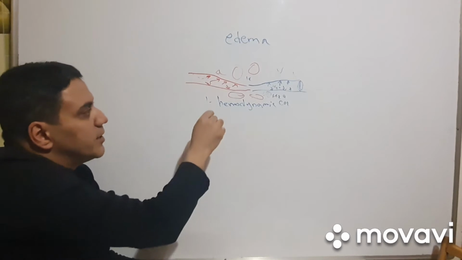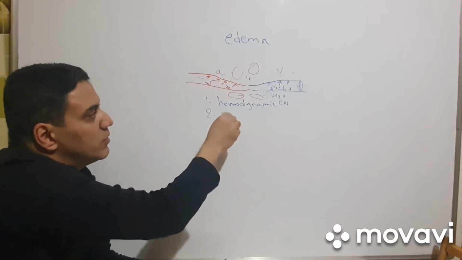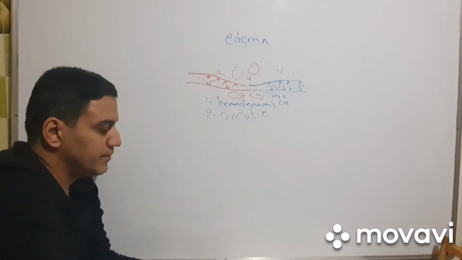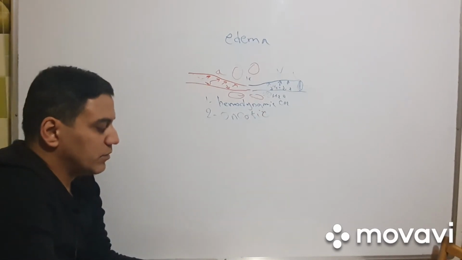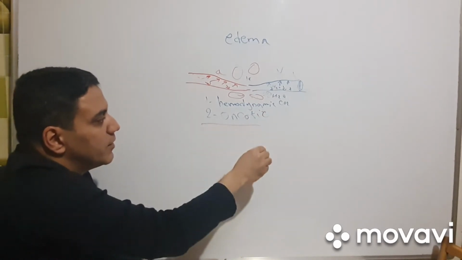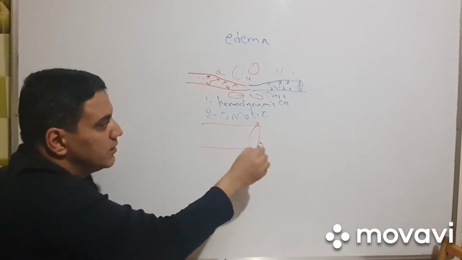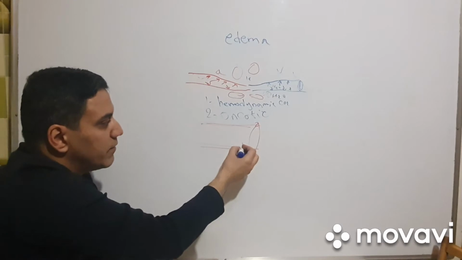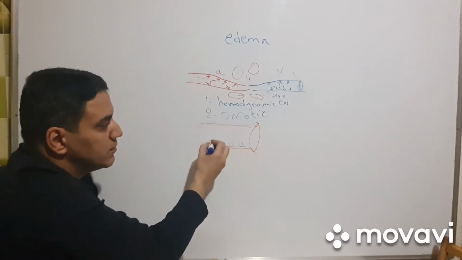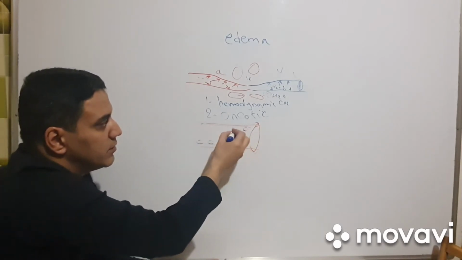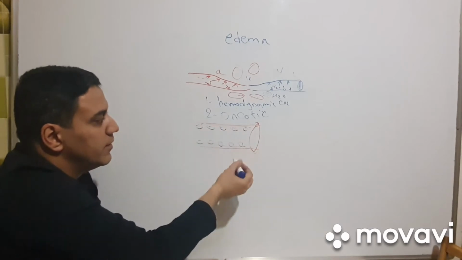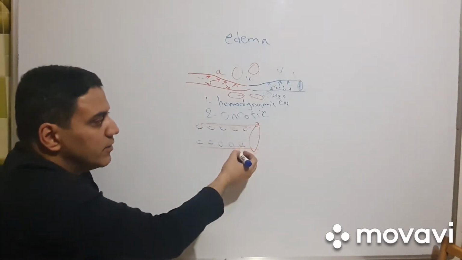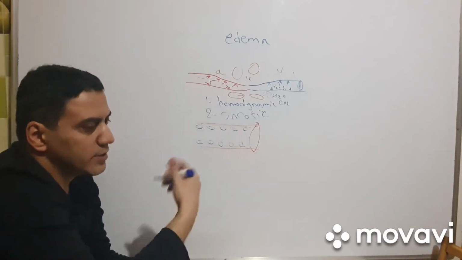This is the first factor. The second factor is the oncotic factor. What is the oncotic factor? In our vessels, inside, near the wall, we have proteins like this. These proteins play a role as a barrier. They create oncotic pressure. What is oncotic pressure?